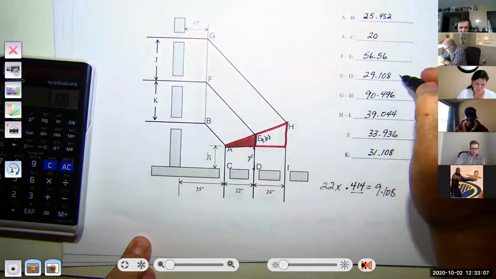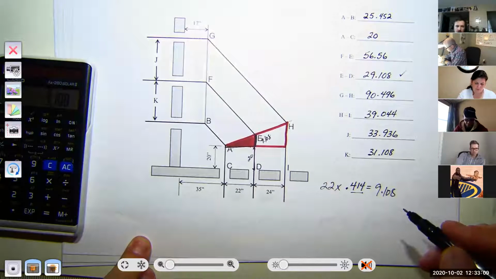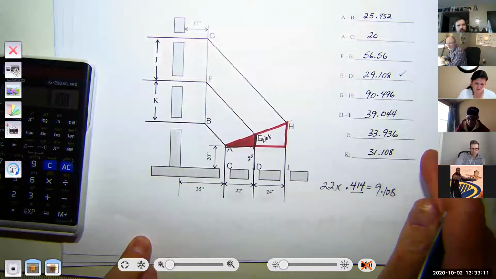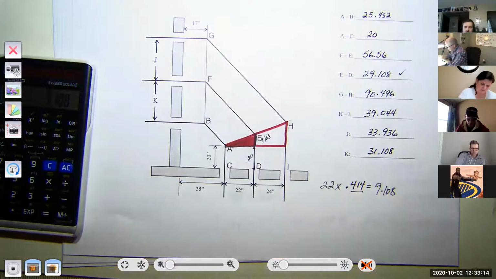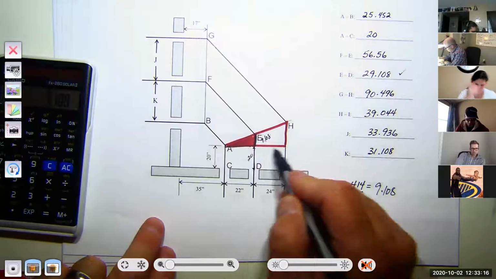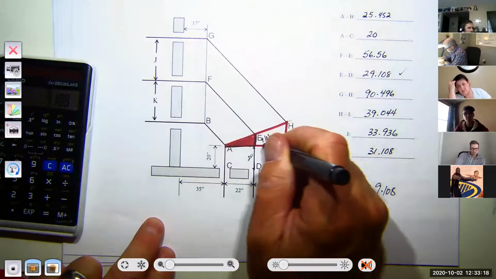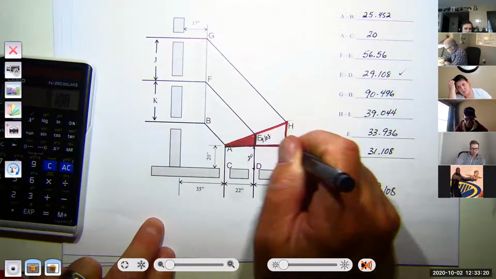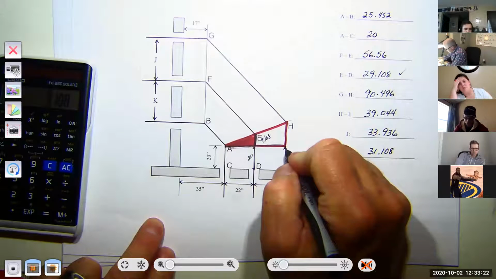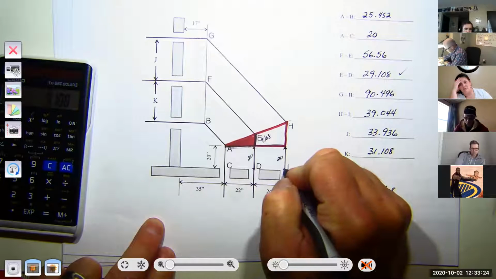Making D 29.108. And then the bigger 22.5 degree right angle triangle where this is the run. This measurement to here is 20 to there.